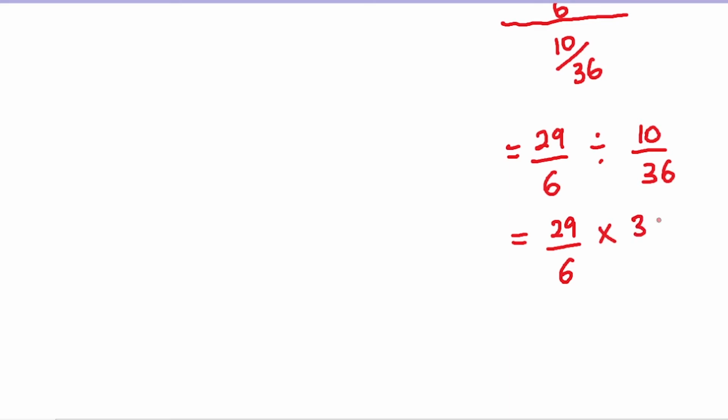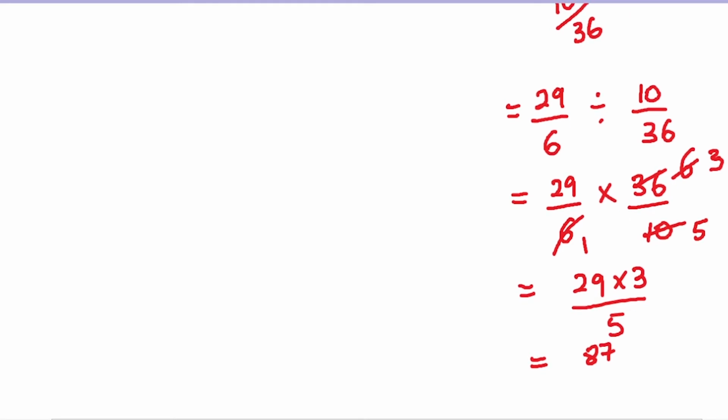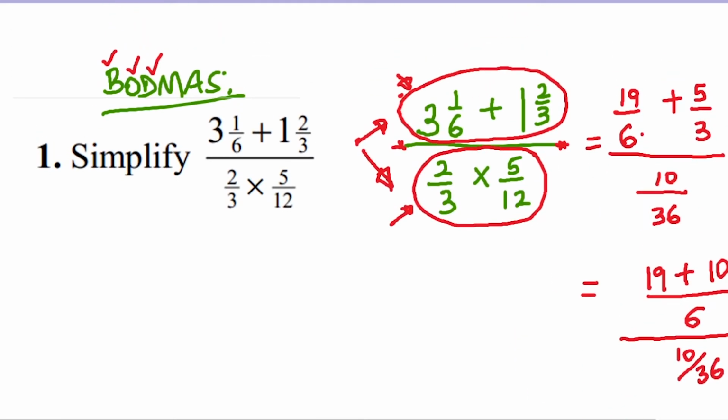Multiply that by 36 over 10. By 6 once, by 6 six times. So this is going to be by 2, 3, by 2, 5. So we have 29 times 3, divide that by 5. And from there we end up with 87 over 5. And that's the answer to that question.